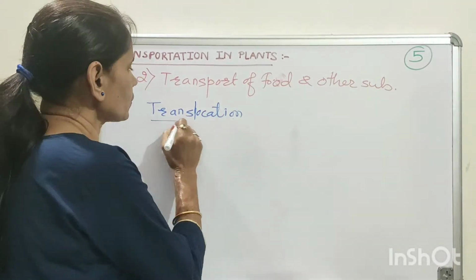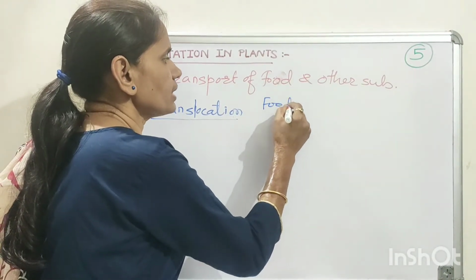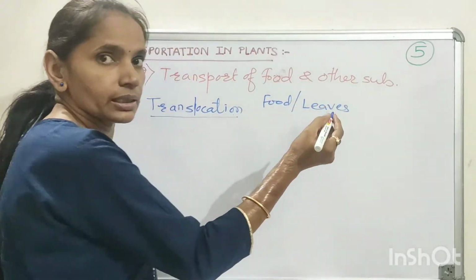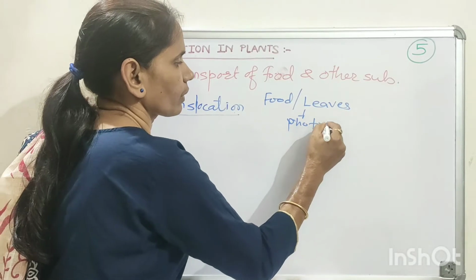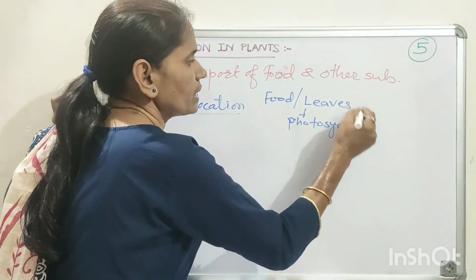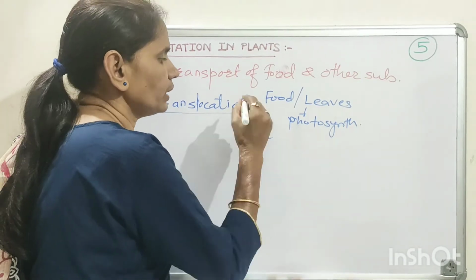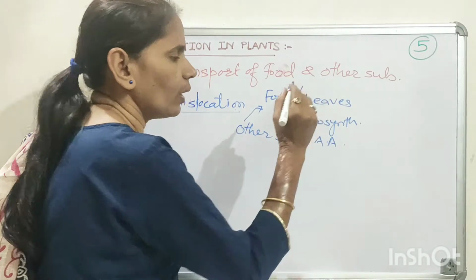So by the process of translocation, the food that is synthesized in the leaves. Now how is this food synthesized? By the process of photosynthesis. So this food and along with this other substances. Now these other substances include amino acids also.